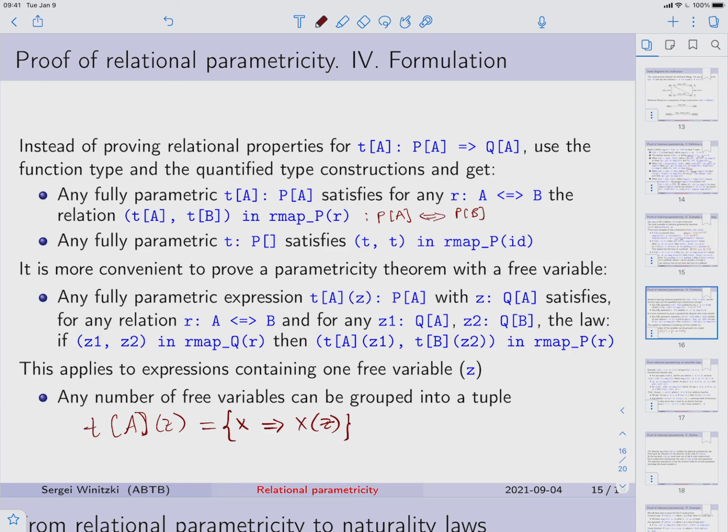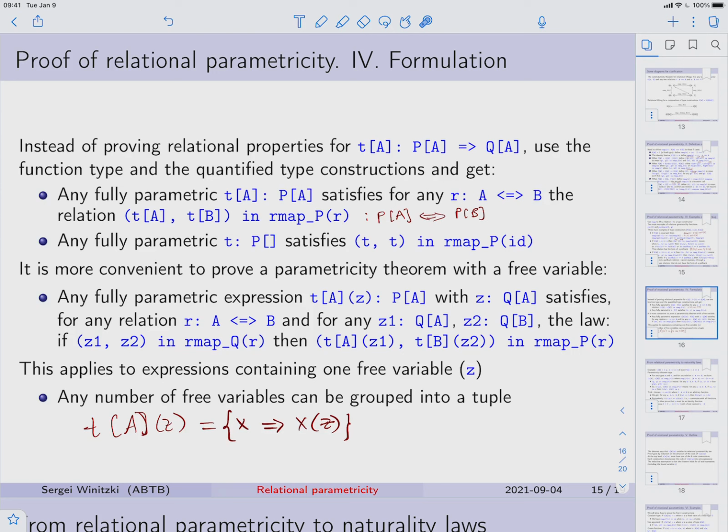But Z is not defined inside this code. Z is a value defined outside somewhere before we can use this code. So that's what it means that Z is a free variable. It's a value that's defined in an outside scope somewhere, where in that scope we can use this expression because Z is defined there. But right here, Z is not defined, so it's a free variable.